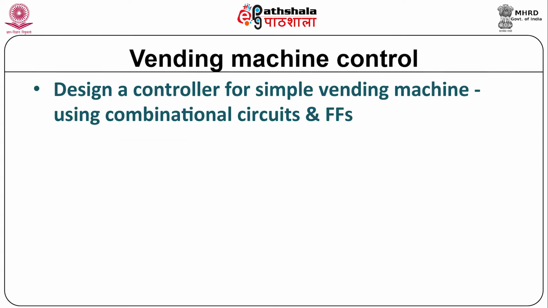Let us consider a case study of designing a controller for a simple vending machine which delivers a packet of sweets after 3 rupees are deposited. There is a single coin slot for 1 rupee and another slot for 2 rupees. If excess money is deposited, the sweet is delivered but no change is returned.